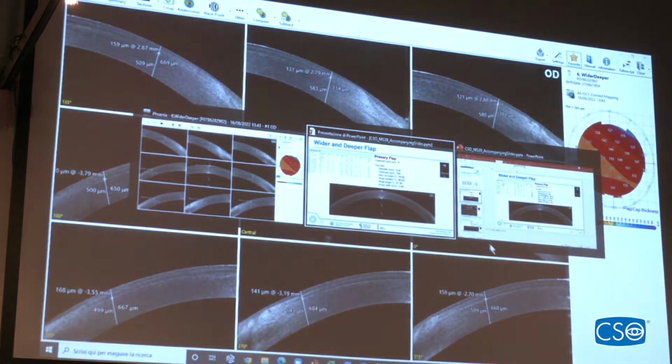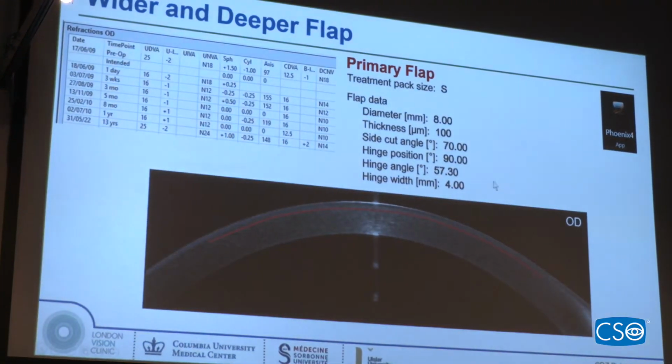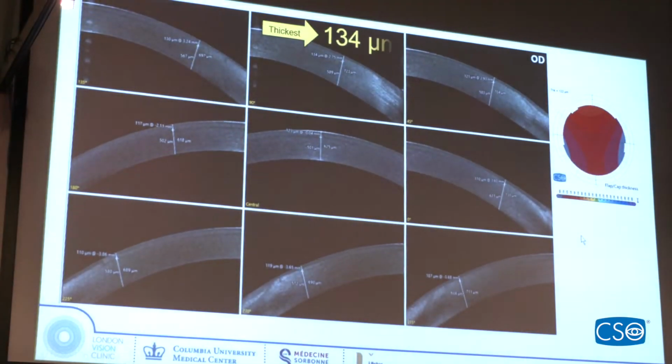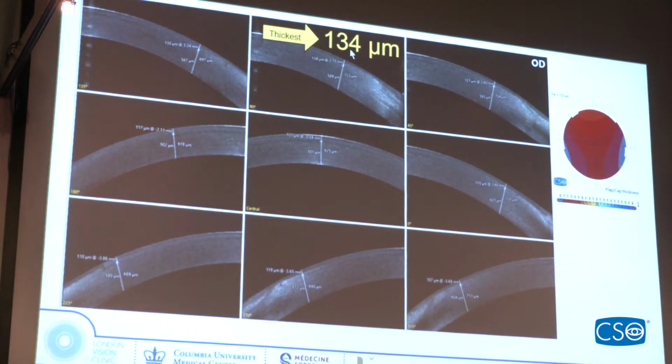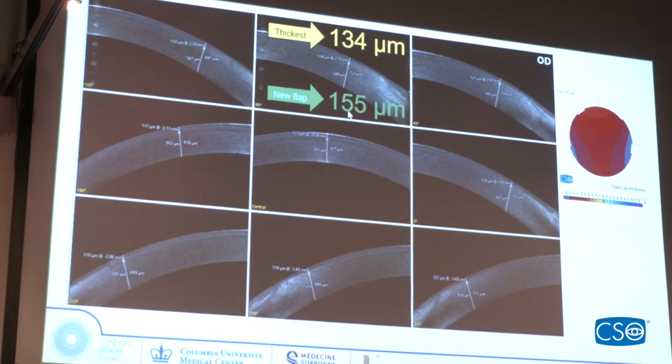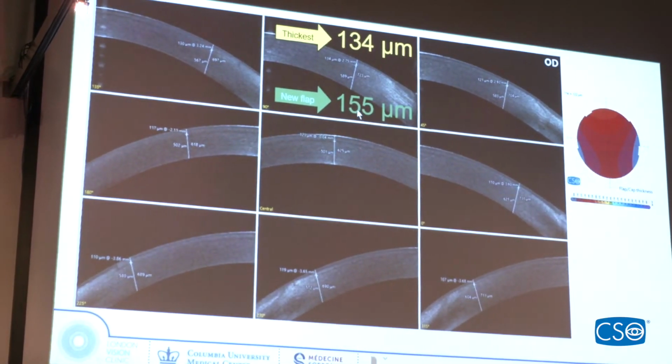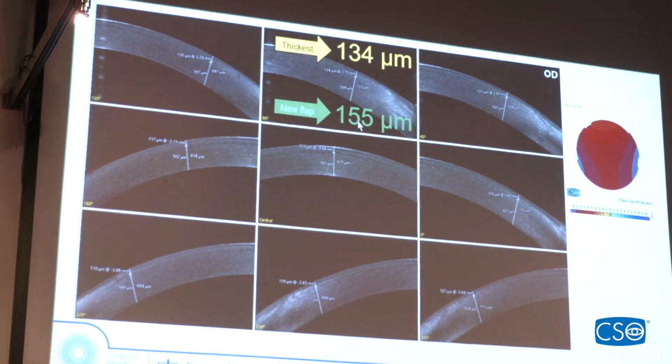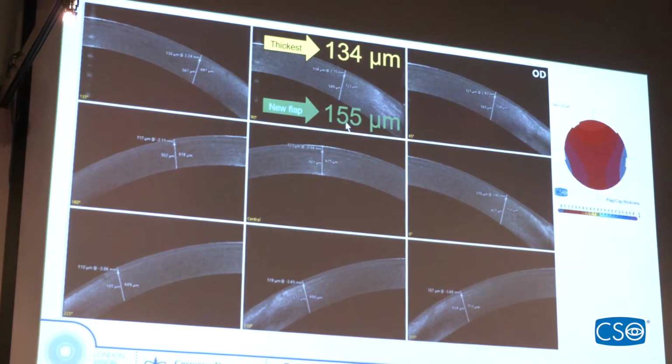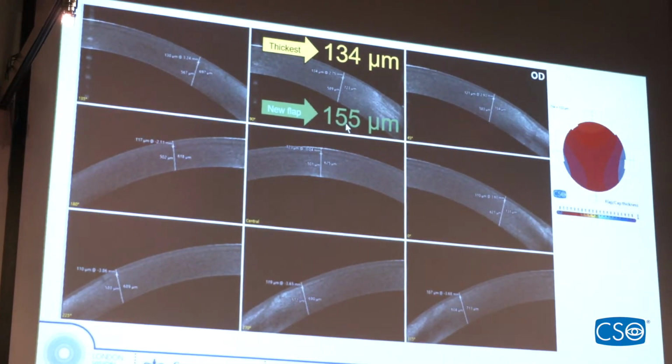And what I do then is I know how to program the next one, because the thickest point of this flap is 134. The thinnest, therefore, of a new flap would be 18 microns less than a programmed 155, because the 18 microns is 4 standard deviations with the Visumax.